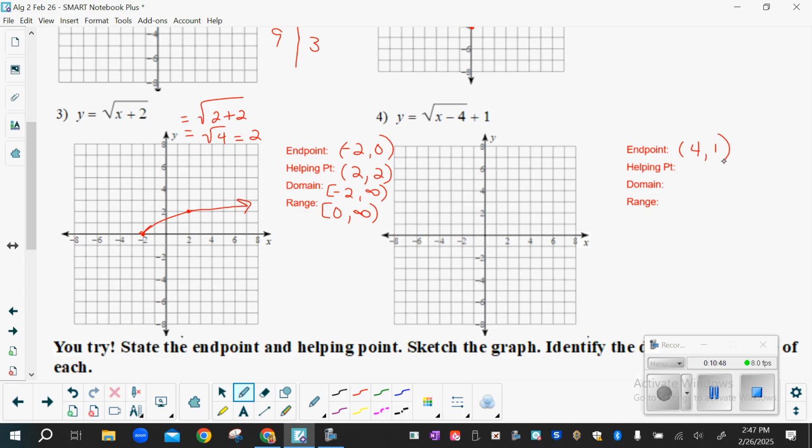So now my helping point, again, this one's a little harder, a little more problematic. Say I want to get a result of 4. What would I put in there for my x to get 4? I just want to get 4 from x minus 4.